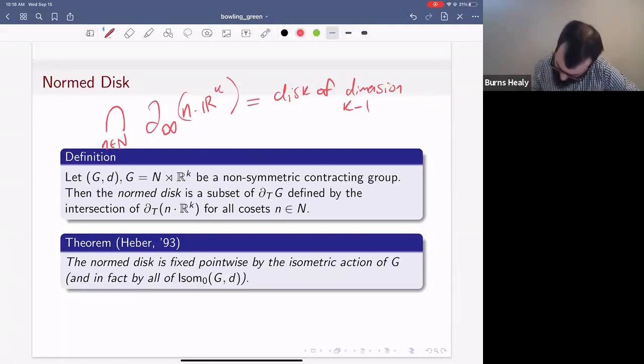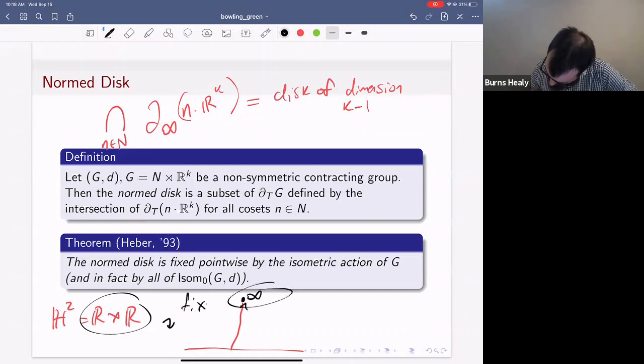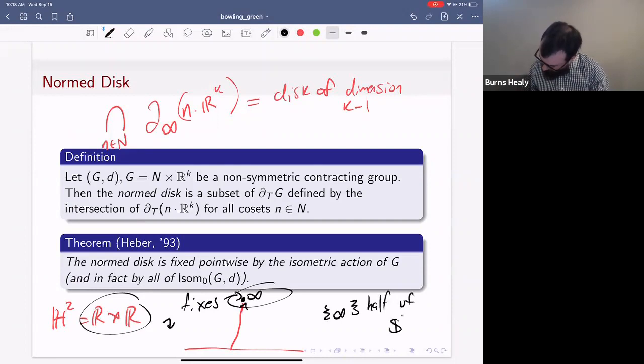This should remind you of the H^2 case. If I look at the action of R semidirect R on the hyperbolic plane, notice that's not all of Isom(H^2), which is much bigger. If I look at just this group acting on the upper half-plane model, then it fixes infinity. And all we're saying is that this infinity should be thought of as half of a copy of S^0.